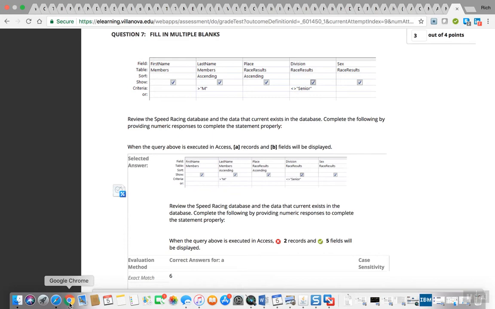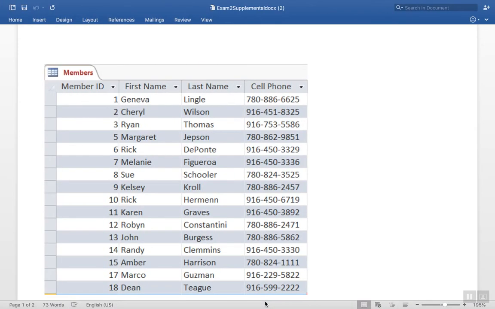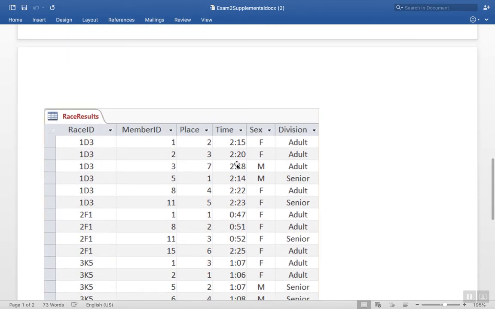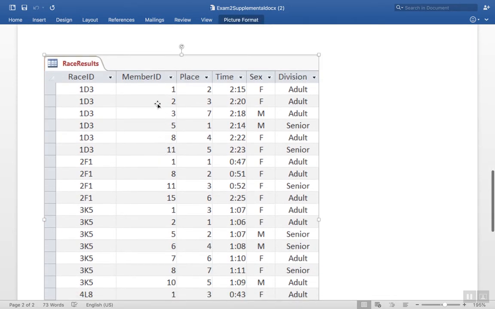Once again, we look at the race results table. We said it's going to be number 2, so what we'll have is, as we look at the table, how many folks are in this.